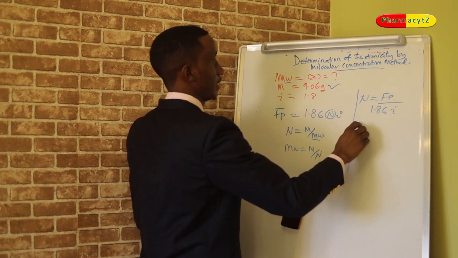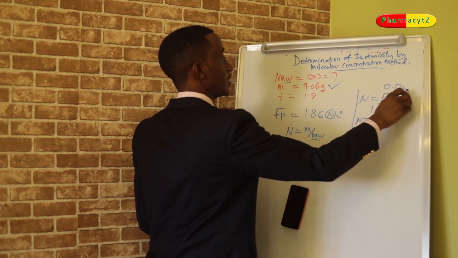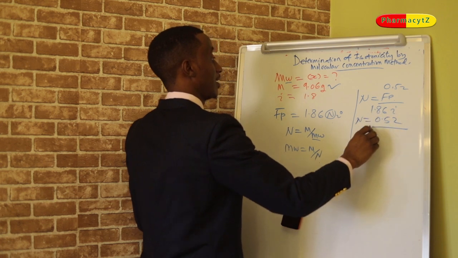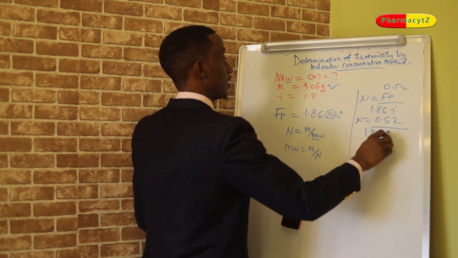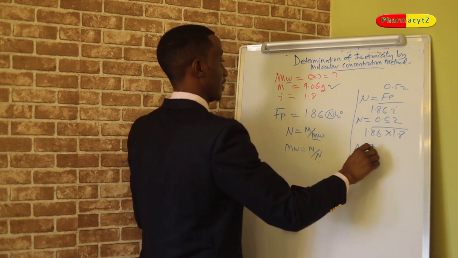So N, the freezing point depression of body fluids, is 0.52. You need to remember that and understand it well. Then 1.86 times the dissociation factor, 1.8, you'll get N.